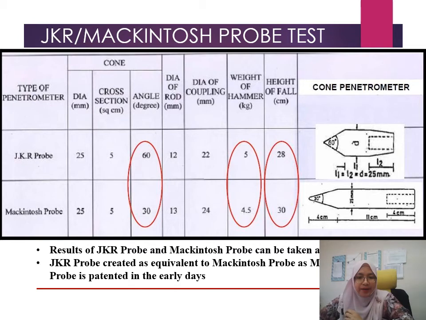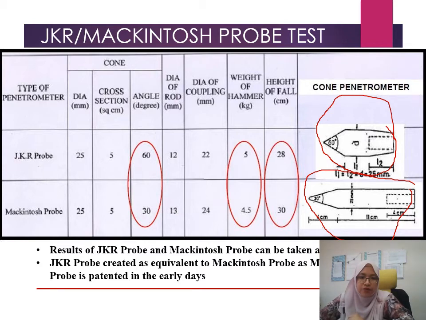And this is the difference between the JKR probe and the Macintosh probe test. As you can see here, there is a slightly different schematic diagram. This is the cone of the Macintosh probe and the JKR probe. The size and angle of the cone are slightly different.